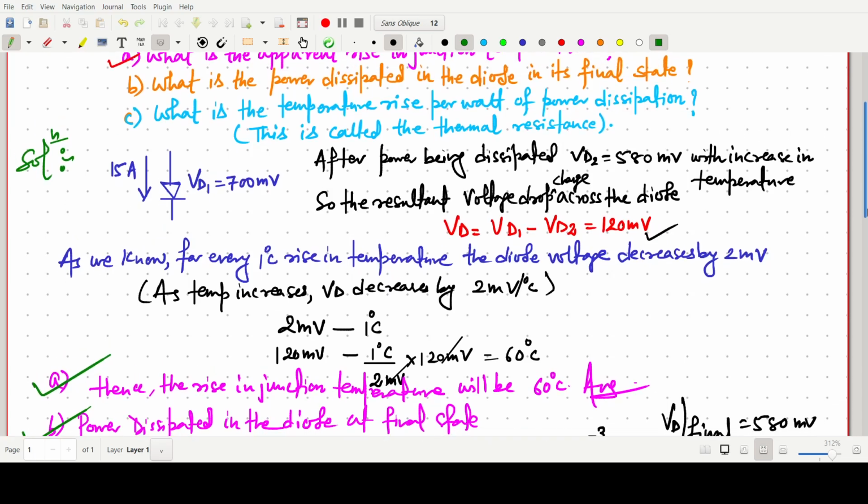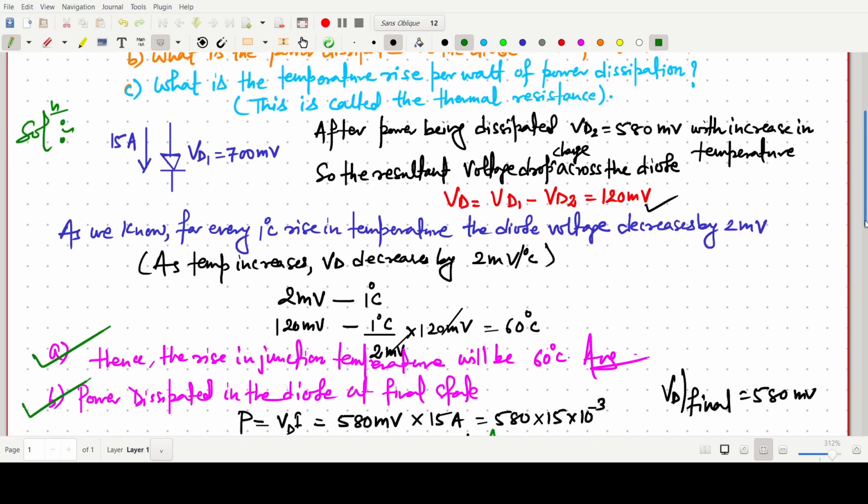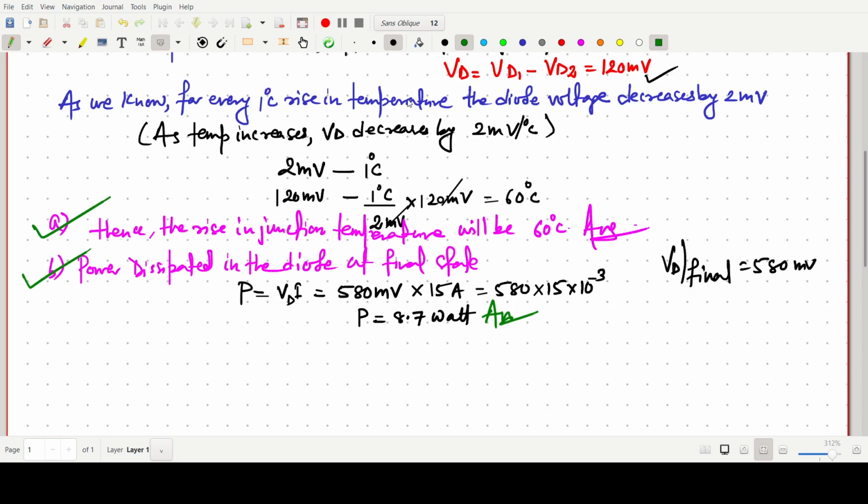Okay, now what is the temperature rise per watt of power dissipation? They are asking temperature rise in degrees C divided by power dissipation in watt.